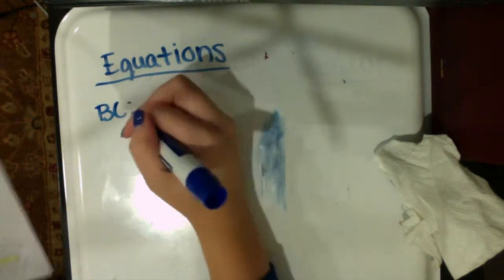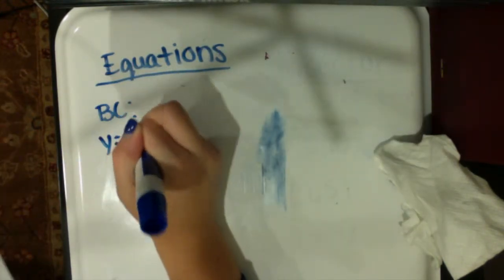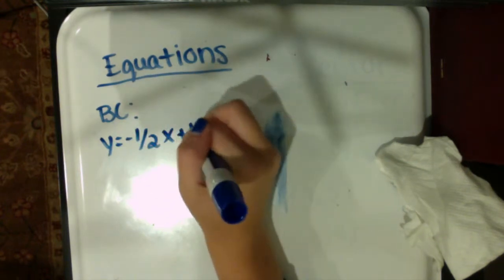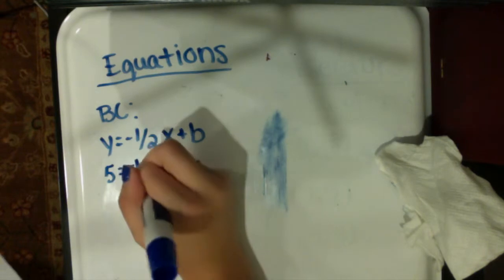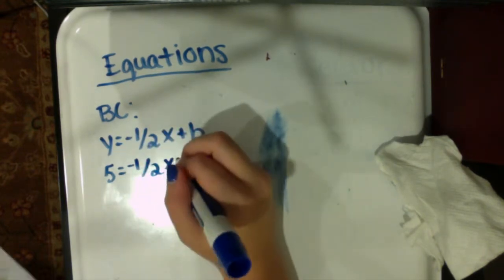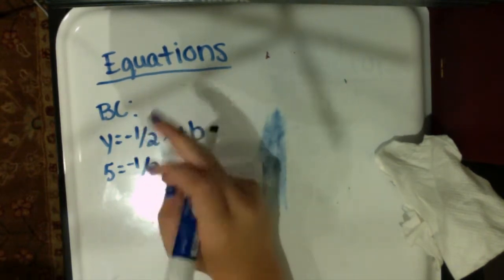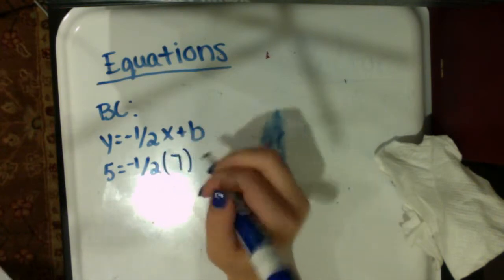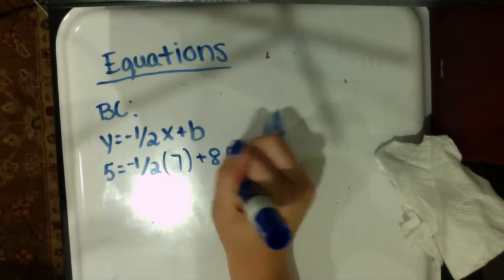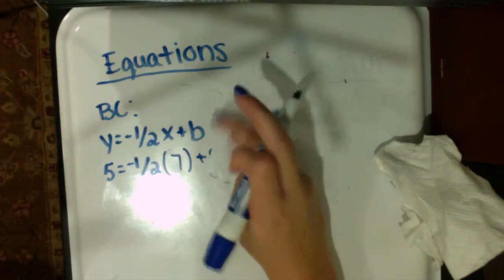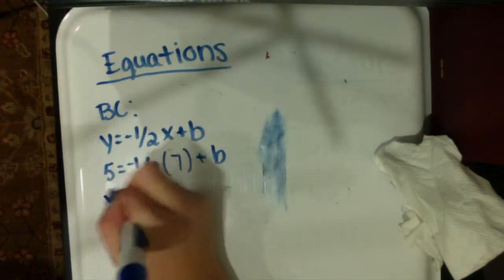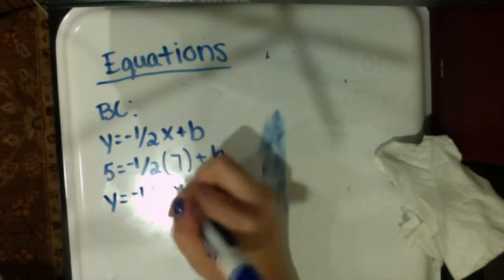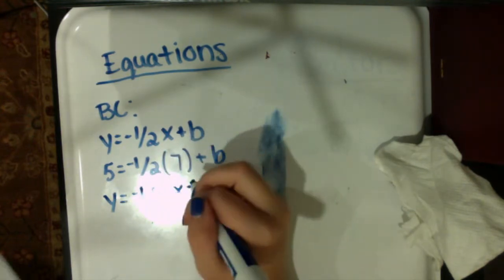Next, we are going to find the equation for line BC. First, we'll replace the x and y with the midpoint that we found for line BC. After we found the y-intercept, we're going to change it into standard form.